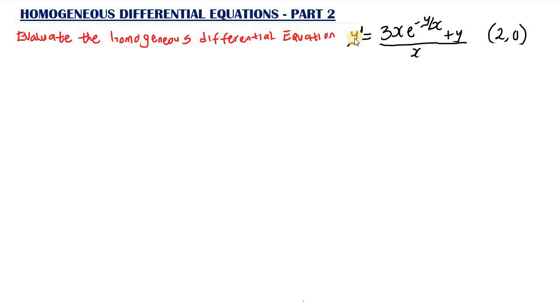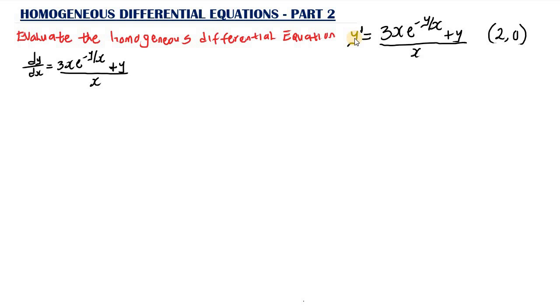So this is going to be dy over ds is equal to 3s multiplied by e raised to the power of negative y over s, plus y divided by s. The first step we are going to take is to cross multiply.